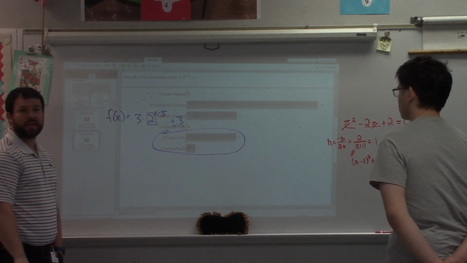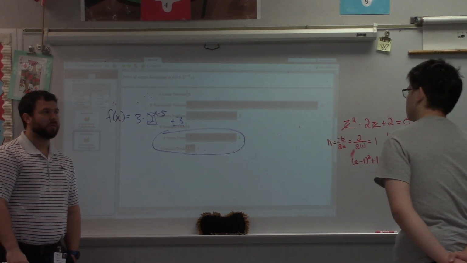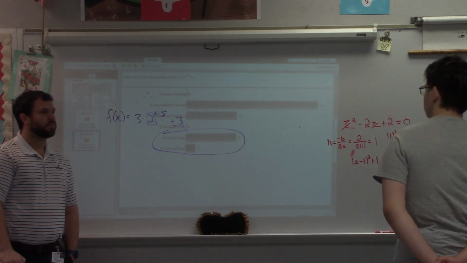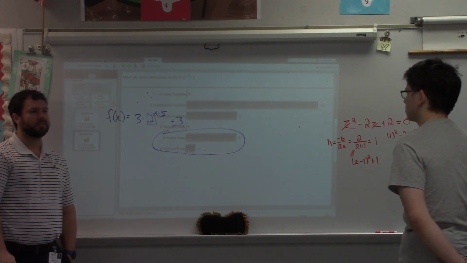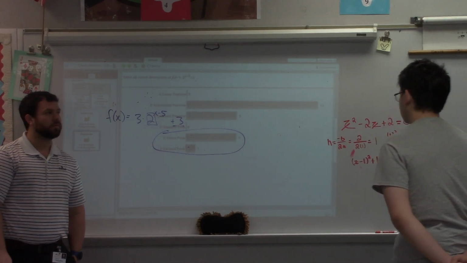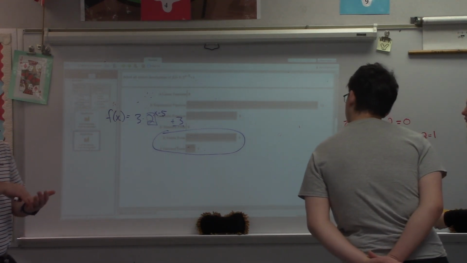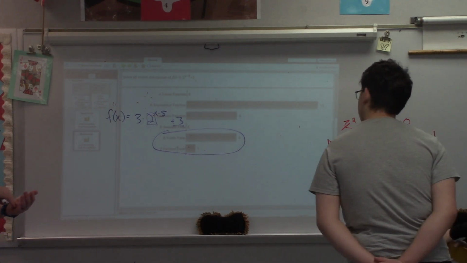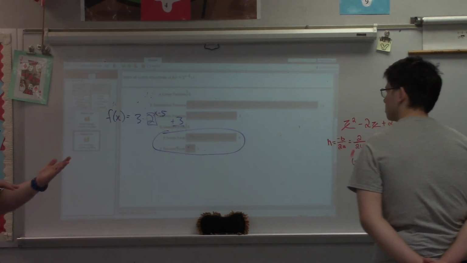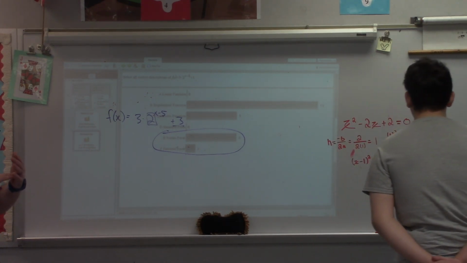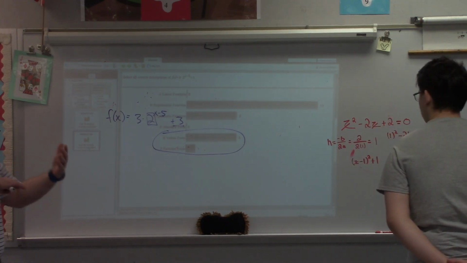So that requires us to address this. Is it vertex or factored form? Why not? We need to remember this detail. The variable's in the exponent, but why is it not vertex form or factored form? Any ideas, Elizabeth? We're getting closer, right?